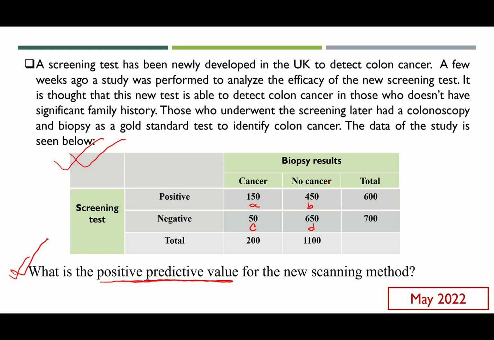You know what PPV is. PPV means A divided by A plus B, which in here would be 150 divided by 150 plus 450, which means 150 by 600, 1 by 4, 0.25.